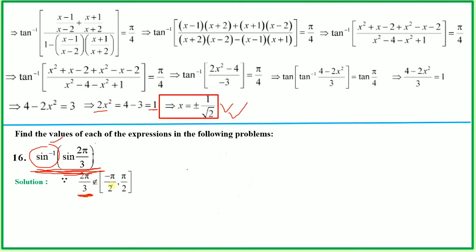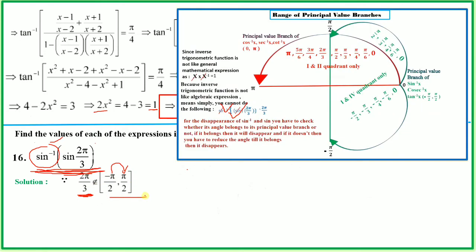Since sine inverse belongs to −π/2 to +π/2, this 2π by 3 does not belong in this range. So therefore we need to readjust a little.